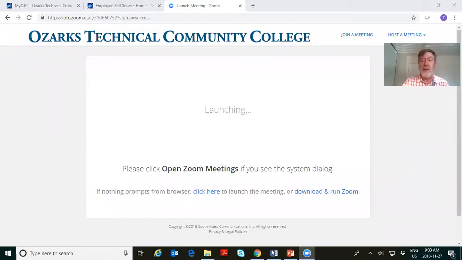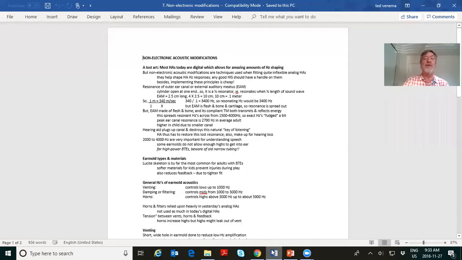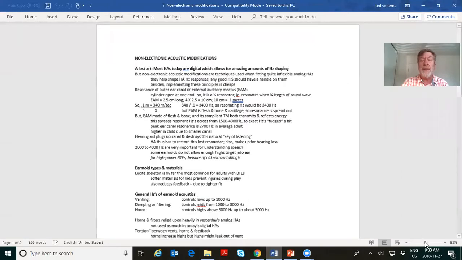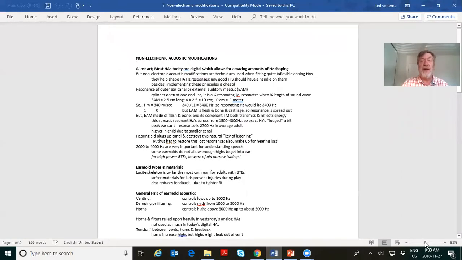Let's share the files, and I will now pull up our notes. I'll make it a little bit bigger. We said it's a lost art, but this whole first paragraph deals with remembering the ear canal as a quarter wave resonator.